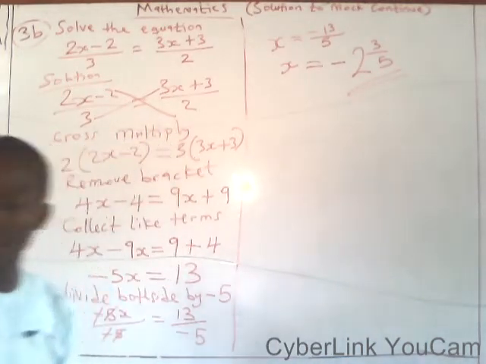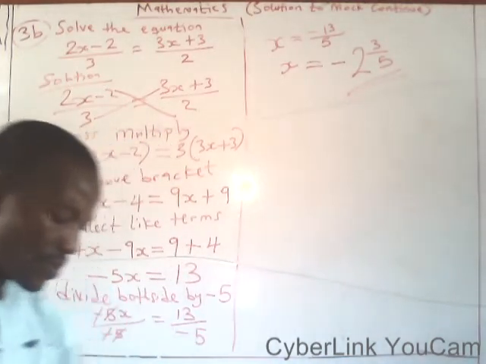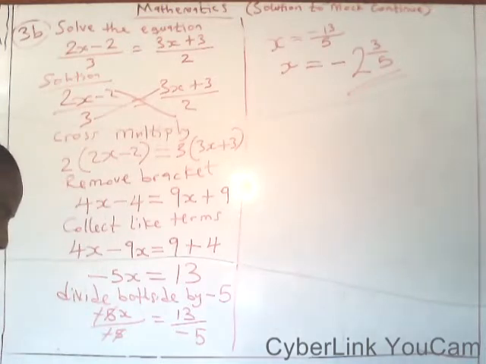Question number 3c says that the sum of the interior angles of a regular polygon is 1980 degrees.